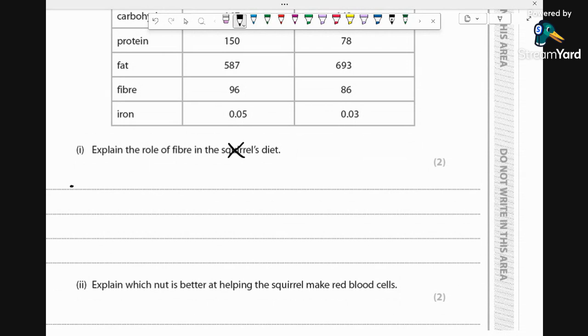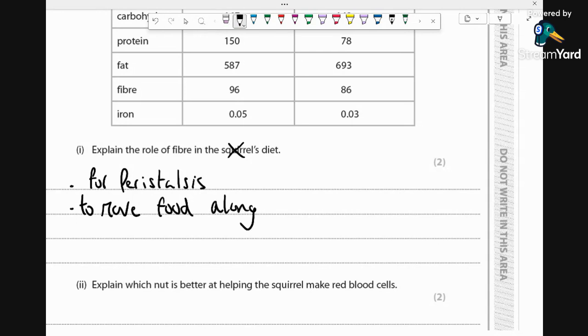Fiber is used for peristalsis, to move food material, which is called chyme. Potentially chyme, but certainly like a bolus if it's in the esophagus, to move food along the gastrointestinal tract or the digestive tract.